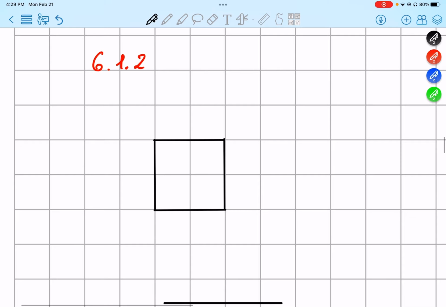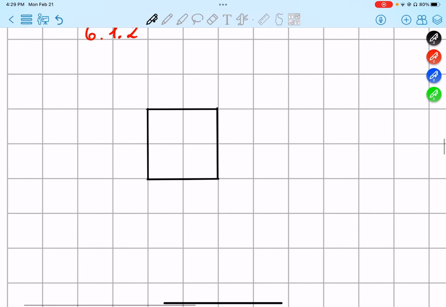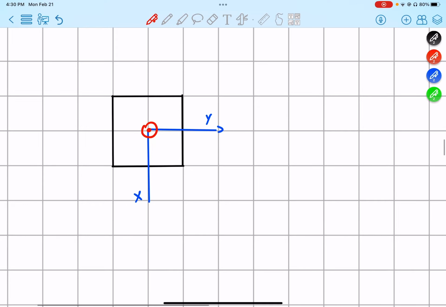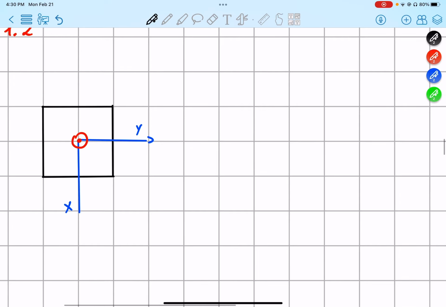So we have a square. Now, I'm actually drawing it, and we're looking down on it. So this one is actually the y and x plane, and we have a magnetic field that comes out of it. I'm actually going to draw it in a y and z diagram.